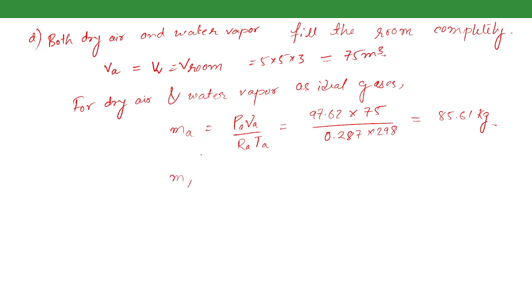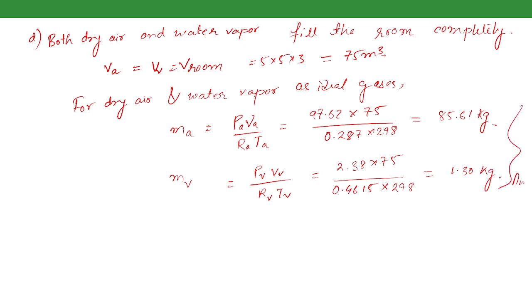And mass of the vapor is PVVV by RVT. This is 2.38 multiplied by 75 divided by RV, which is 0.4615. RV is basically 8.314 divided by 18, and this is 298. So this comes out to be 1.30 kg. So this is the answer, the masses of air and vapor in the room.